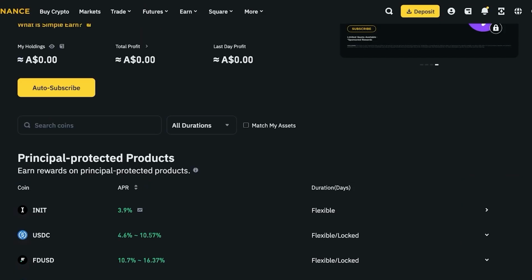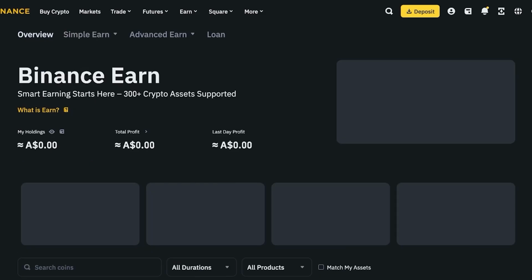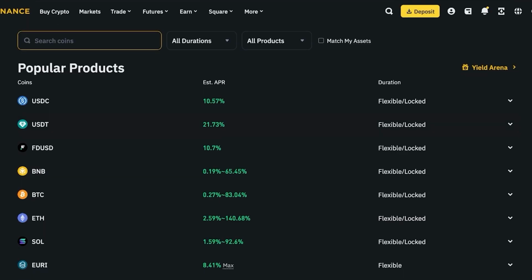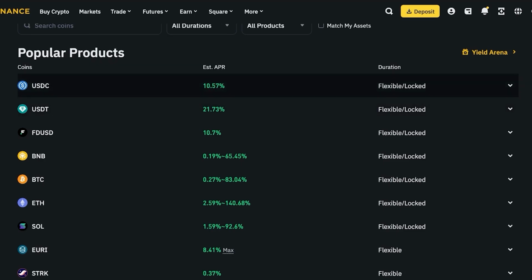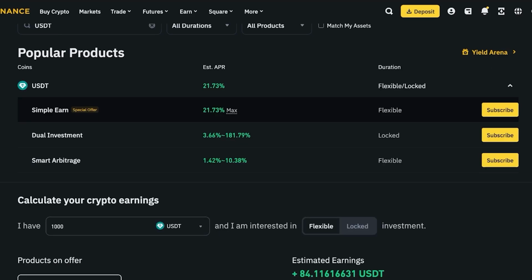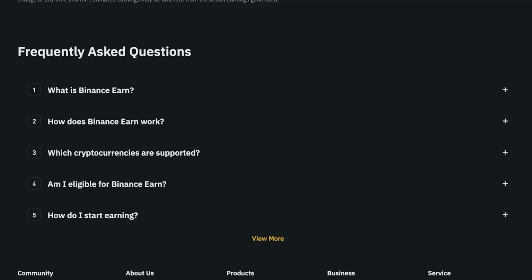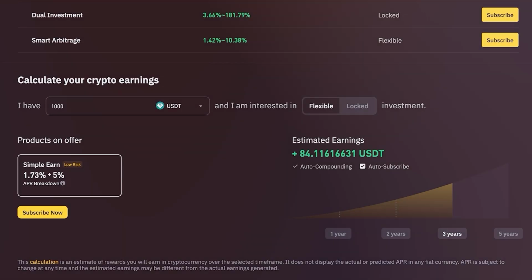So the strategy with these simple earn tools, and you're going to find this across all of your simple earn tools, is that people are always investing in USDC as well as USDT. Why? Because these earnings are pretty low risk.